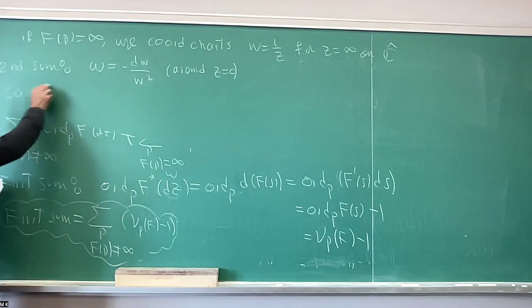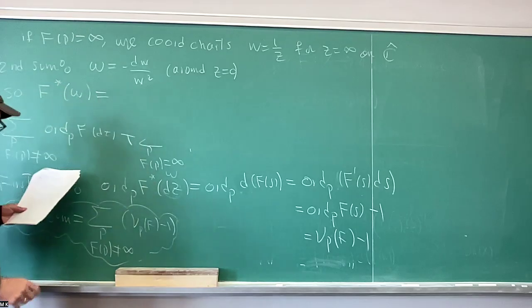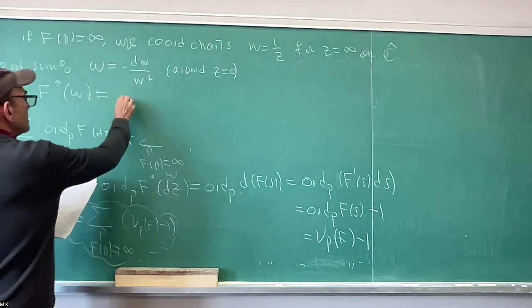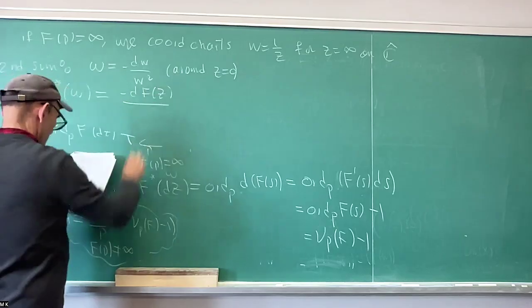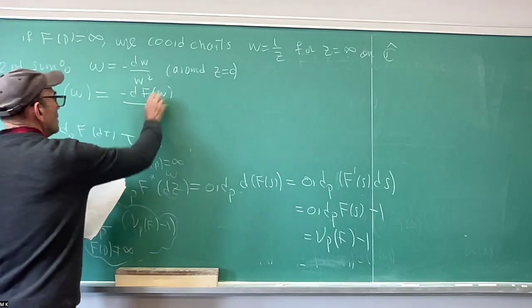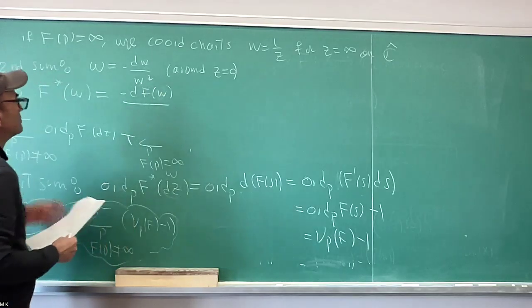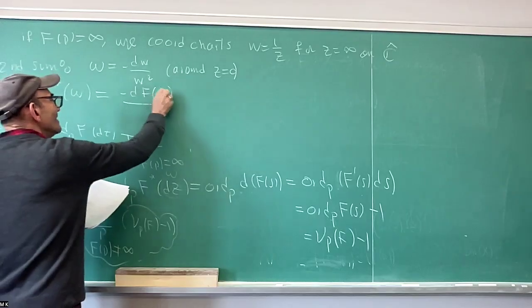So f star of omega now is equal to minus df of z or w. Oh, I should use s, sorry.